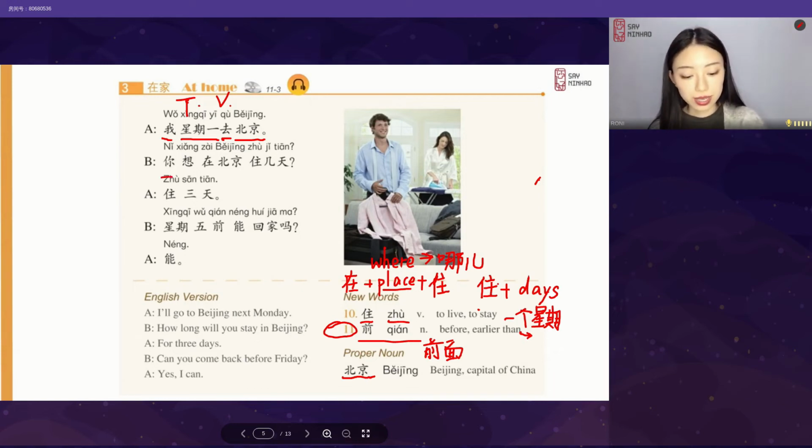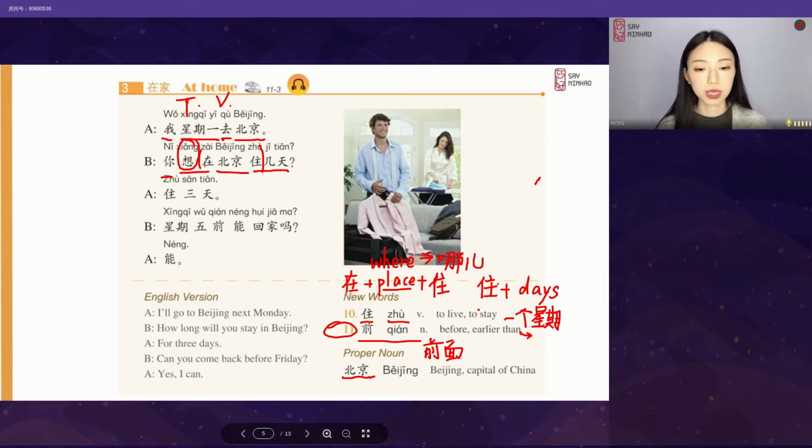Okay, next one. 你想在北京住几天？在北京住, we just learned it. It means to live at a place. 在北京住. Okay, and 想 means want to do something. This is the modal verb we've learned before. Want to do something.